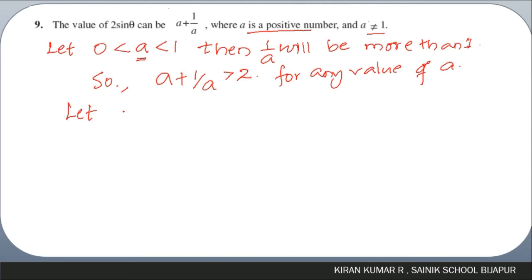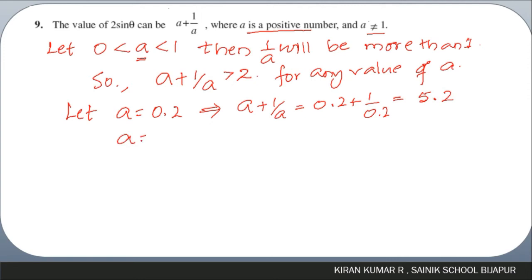Suppose if I consider a to be 0.2, then a plus 1 by a will become 0.2 added to 1 by 0.2. What is 1 by 0.2? It is 10 by 2, nothing but 5. We get 5.2.